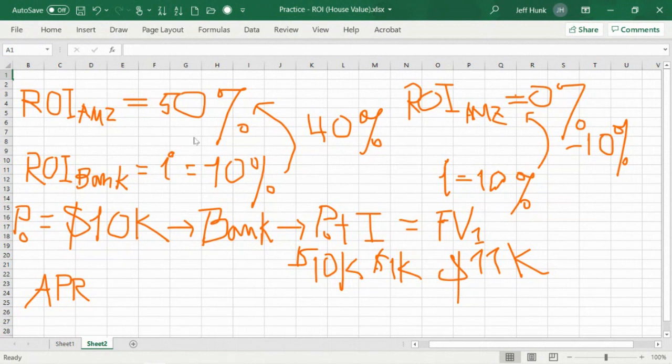Of course, you can convert annual return into quarterly return or monthly return, or the other way around. You can calculate monthly return and convert it into annual return, or calculate quarterly return and convert into annual return, and vice versa. But still, the most basic unit of rate of return is annual. APR, annual percentage rate.